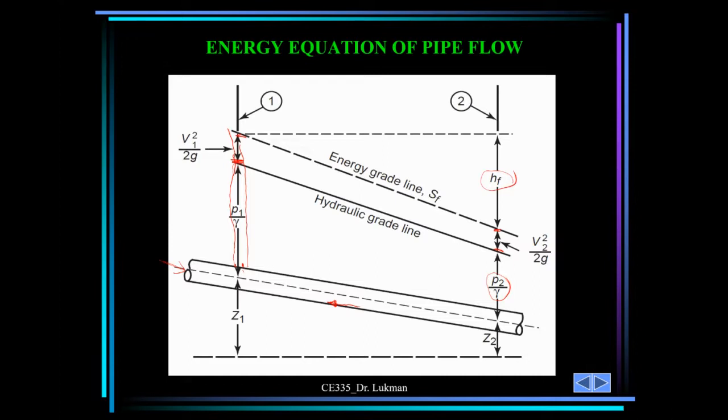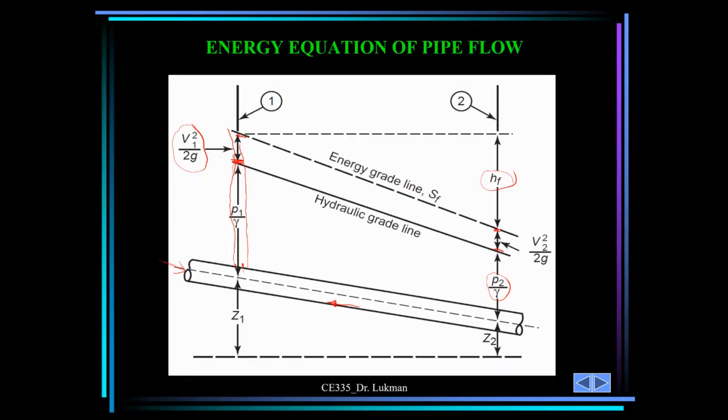But if we assume uniform flow, the velocity will be constant. Hence, the energy grade line will be parallel to the hydraulic grade line because the velocity head is the same. We call it the energy grade line because here we are taking care of the dynamic energy. And this is the highest level as far as the Bernoulli principle is concerned.